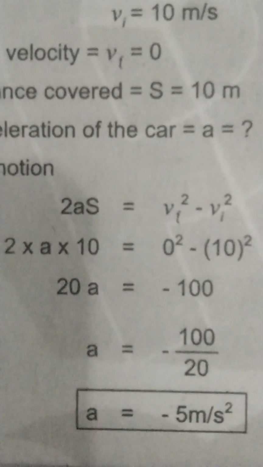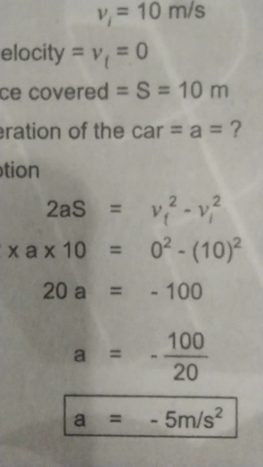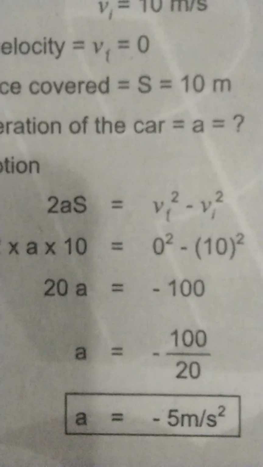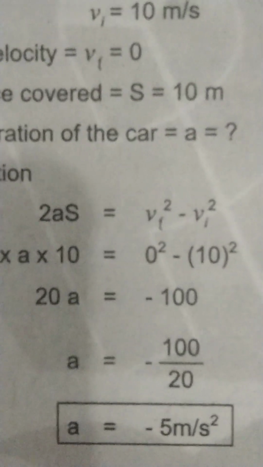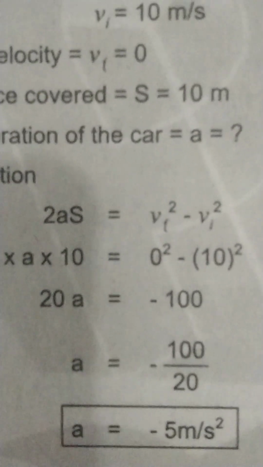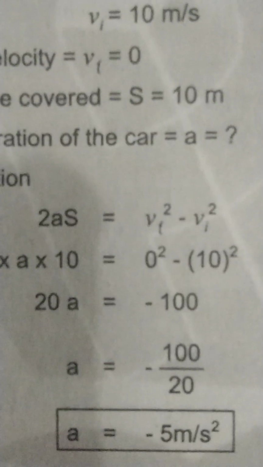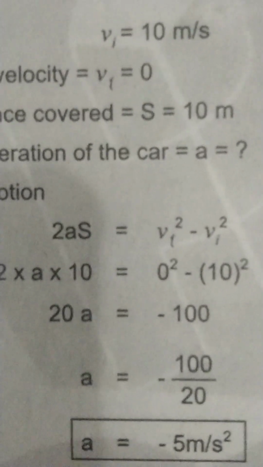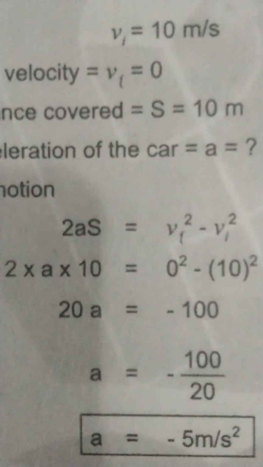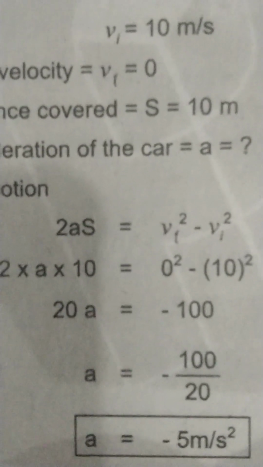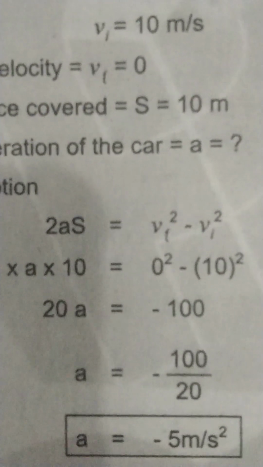Just substitute the values: 2a multiplied by 10, the distance covered by the body, is equal to 0, the final velocity, minus the initial 10 square, which is 100. 10 multiplied by 2 is 20, and dividing 100 by 20, it will be minus 5 meter per second square.